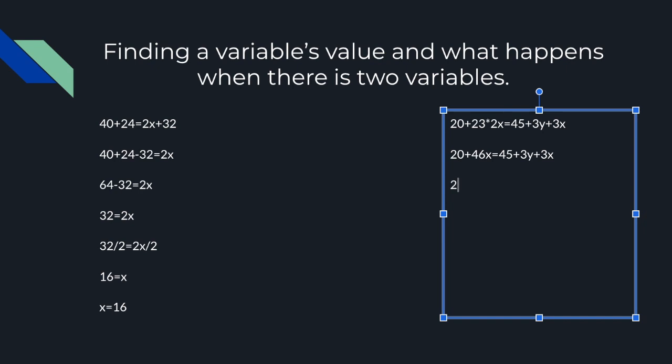So now we're going to do the next thing. We're going to put the variables on one side. So 20 minus 45 actually, because we're using this 45 and it's going to the other side. So now we're going to have 3y plus 3x minus 46x.